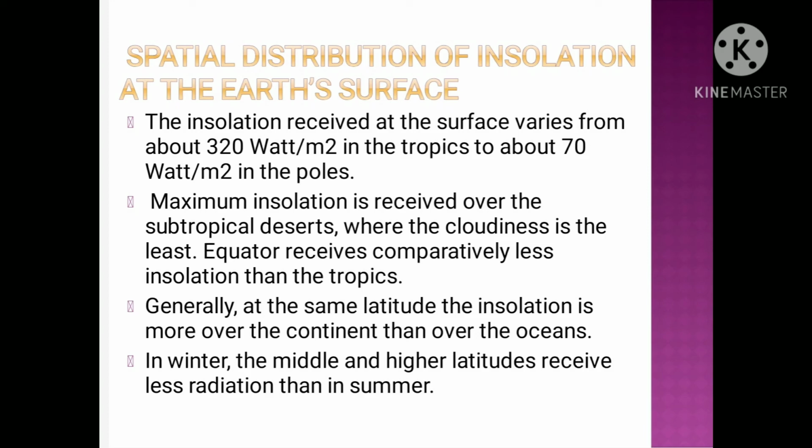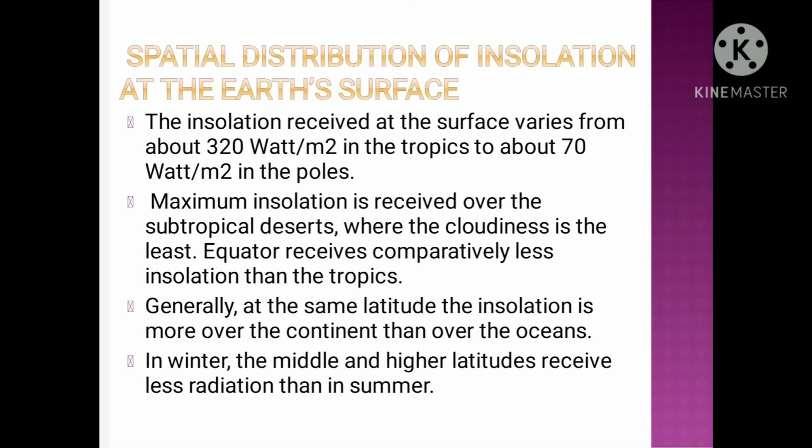The equator receives comparatively less insolation than the tropics. Generally, at the same latitude, the insolation is more over the continents than over the oceans. In winter, the middle and higher latitudes receive less radiation than in summer.